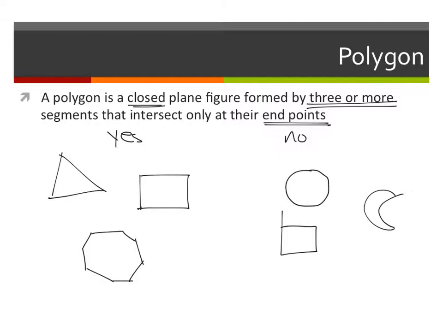Those are kind of curvy lines. These are not segments, so those are not polygons. But believe it or not, a star is a polygon. It's closed, they only intersect at their endpoints, and there are 10 segments, which is definitely more than 3.